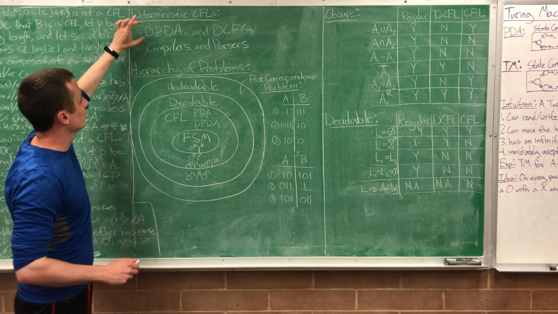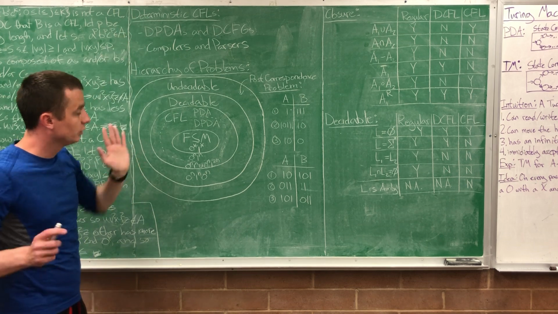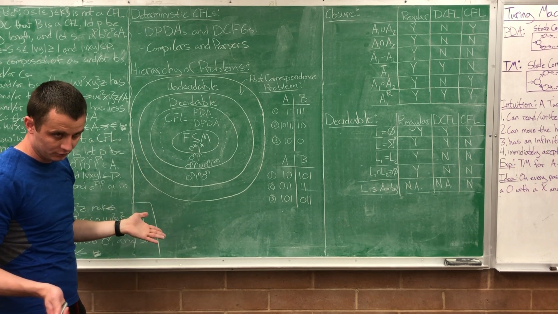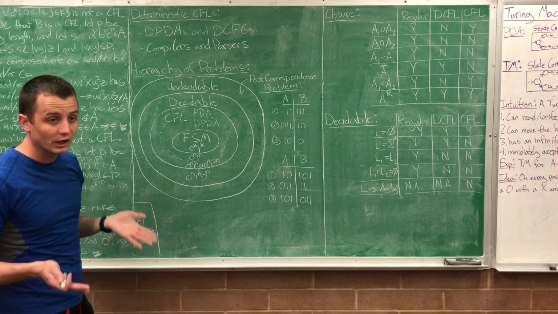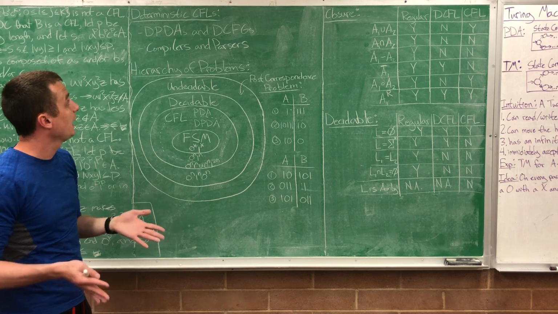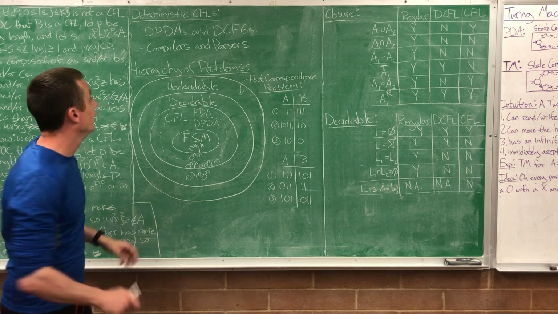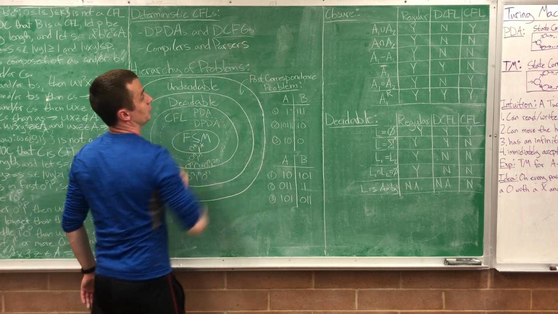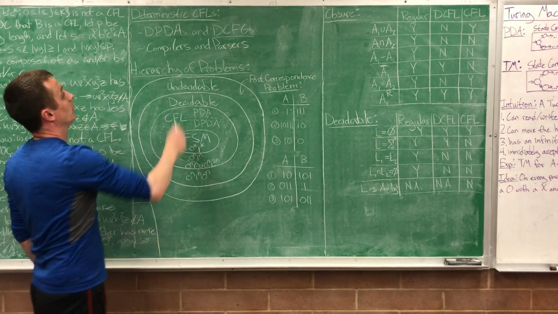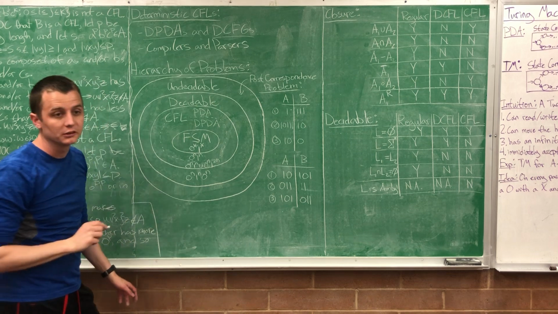Now, these are great for compilers or for parsers. So if you're building a programming language, and you're writing your own compiler for it, then you want to use deterministic context-free grammars. And the way you want to reason about those is deterministic push-down automata.